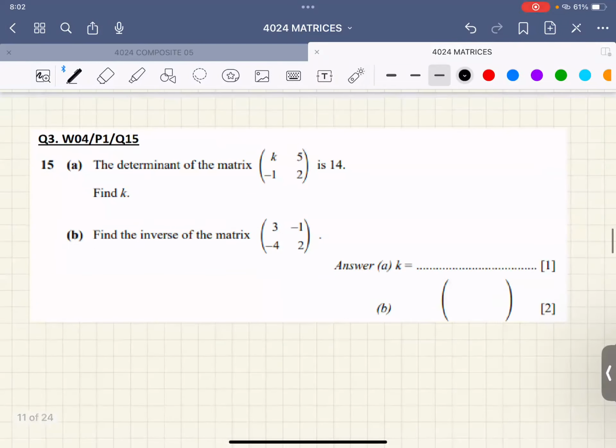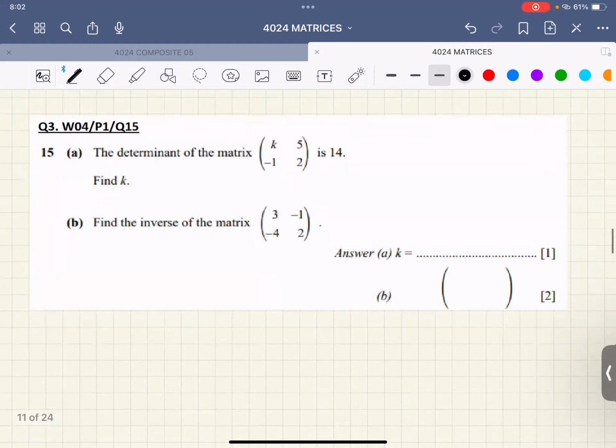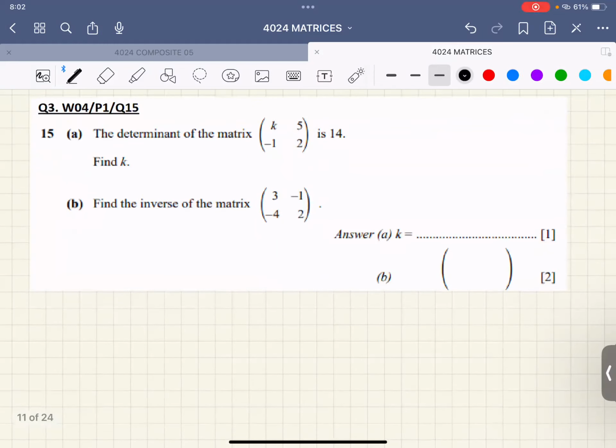Now let's look at 15 part A. It's a question regarding the concept of the determinant of a matrix. Find K. So what do we do? We multiply K with 2, these two get multiplied, that's right over here. And then there is a negative sign. You multiply these two, 5 and -1.